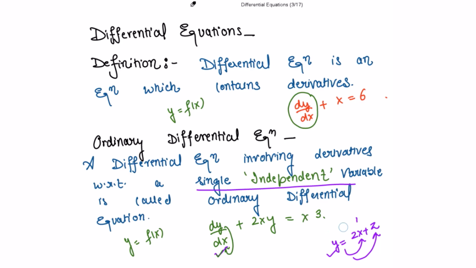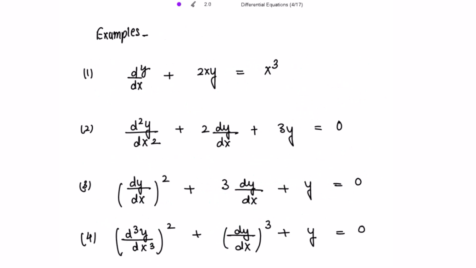So the equation involves derivatives with respect to the single independent variable x, where y is a function of x alone, so we can differentiate y with respect to only one variable. These are examples of ordinary differential equations. In the first equation, we have differentiated y with respect to x.